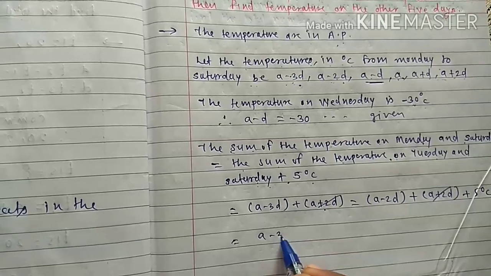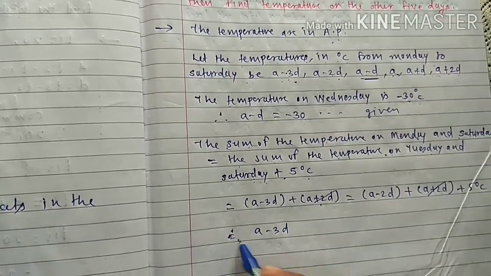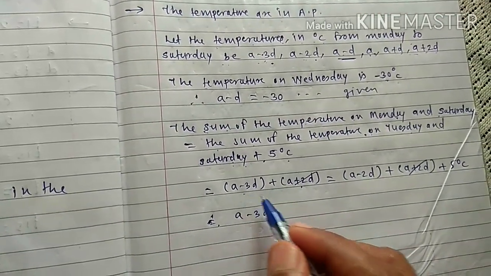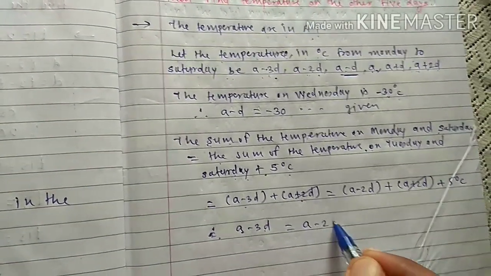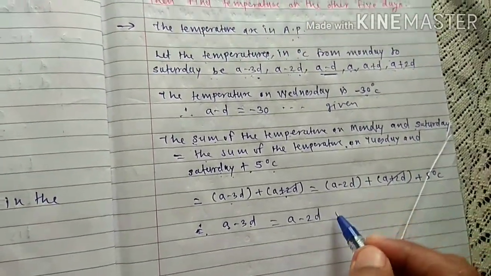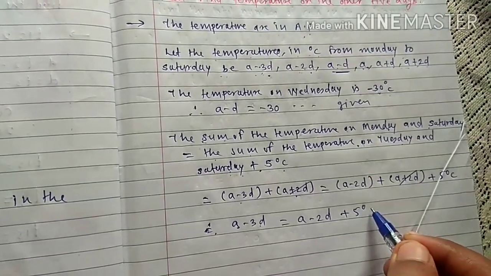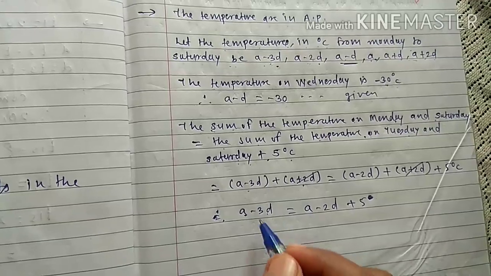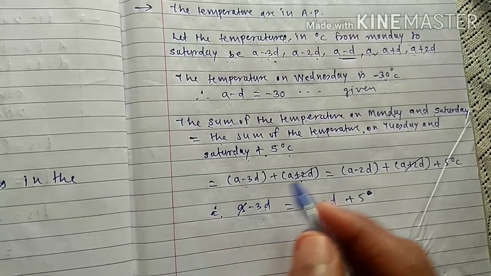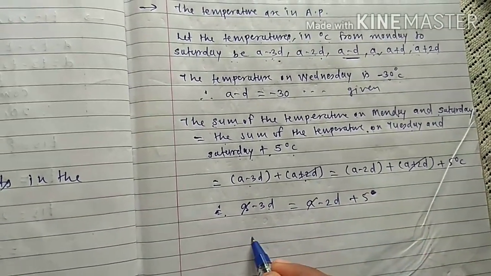A minus 3D is equal to A minus 2D plus 5. So plus 5. See here again A cancel.